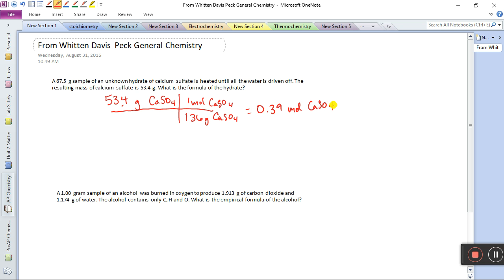How many grams of water did we have? How are we going to figure that part out? Subtract what we have. So we had 67.5 grams with H2O. We had 53.4 grams without. So we subtract. So how many grams of water did we have? 14.1.